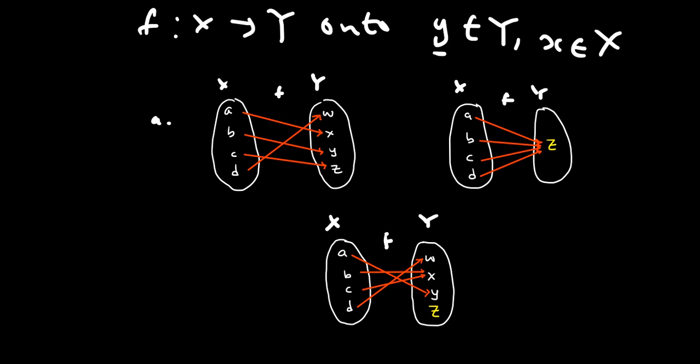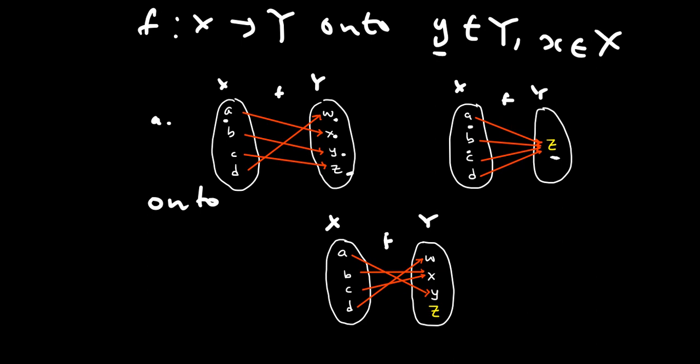Then this will be onto. We can see that in the first one it is onto, because for every y here, the x, y, and z, there's a corresponding element, which are a, b, c, and d. So this is onto. Then for this one, we only have a member z there in this set, and z has a corresponding element in y, which are these here.